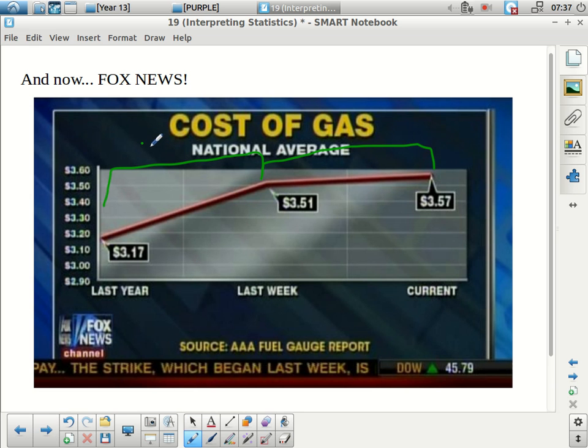This first point represents up to a year, but the second point represents a week. This is not to scale at all. Potentially the slope of this line is actually the same the whole way across if I stretch this out to a full year. So again, they've compressed the time scale, and that might be making it look different than it should.